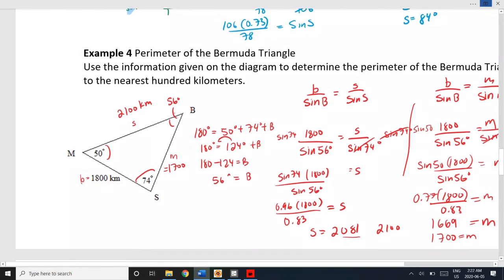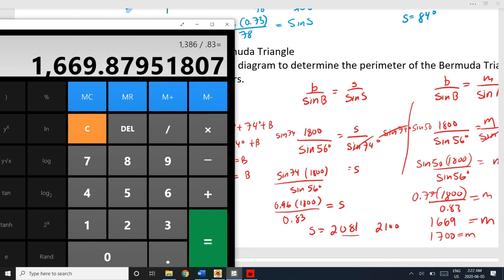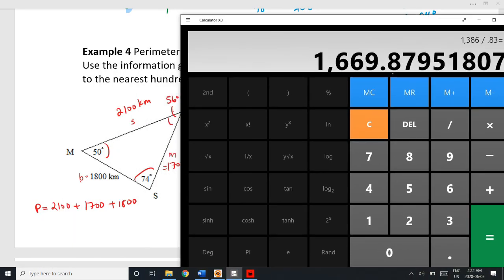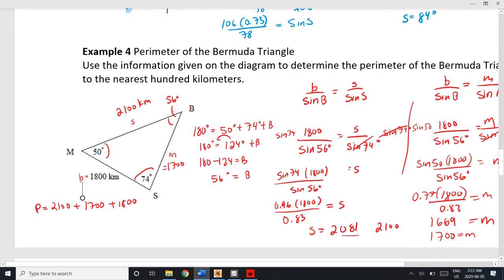We can add them all together to get our perimeter. So perimeter is equal to 2,100 plus 1,700 plus 1,800. Let's add those up. So we have 2,100 plus 1,700 plus 1,800, which is equal to 5,600. So our perimeter is equal to 5,600.